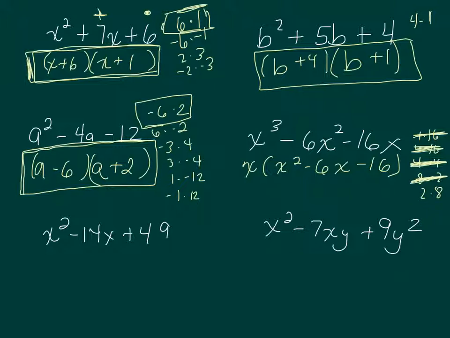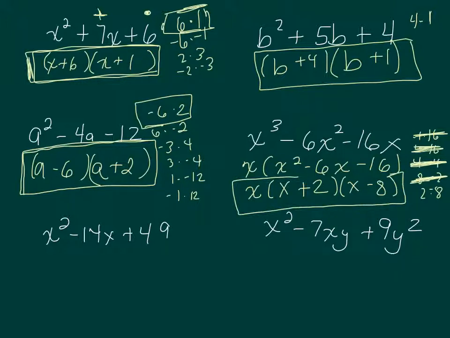That should be a positive 2, sorry, and a negative 8. All I did was switch the numbers around instead of switching the signs. So a 2 and a negative 8, that's going to give me negative 6. So x and x in parentheses, and a 2, positive 2, and a negative 8. And I can't forget to bring my x down, so I have x times x plus 2 times x minus 8. There we go.